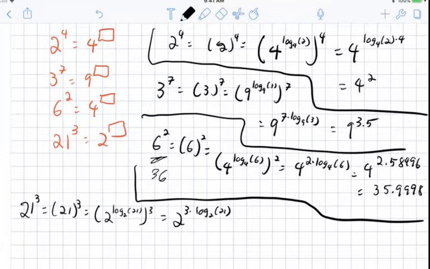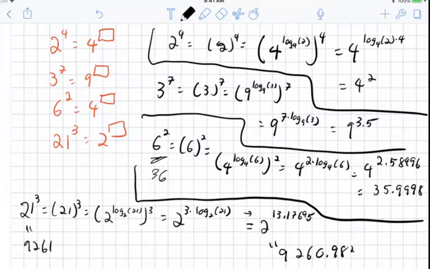So this number is 13.17695, which is weird. Anyway, what's 21 to the 3? That's 9261. This value here is 2 to the power of 13.17695, which is 9260.98543. Fun, right?